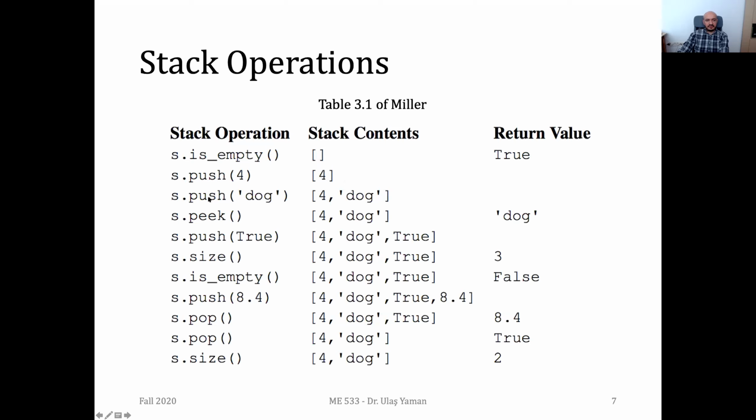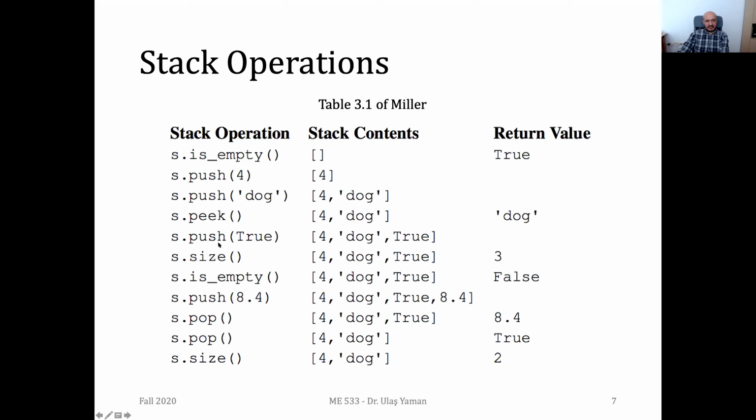It's another push operation. We are pushing a string, a dog word, let's say, into the stack. And as you see that, dog is right now the topmost item. So once you call the peek function, it will return the value of the topmost item, which is dog here.